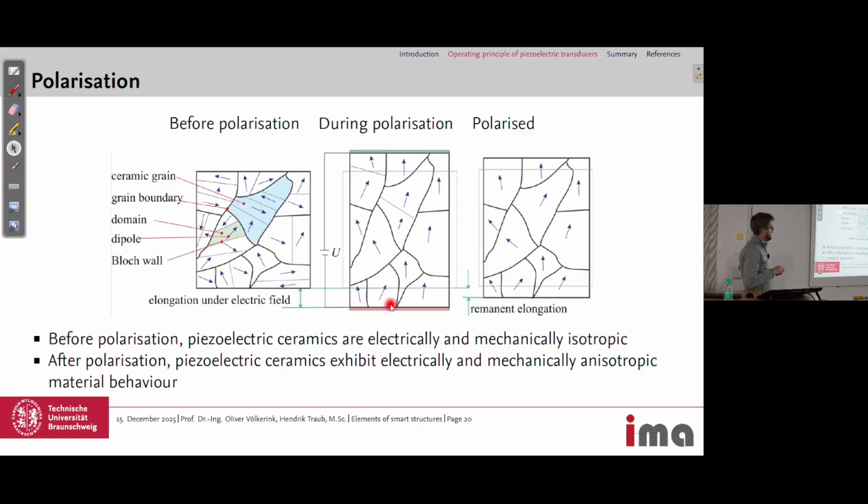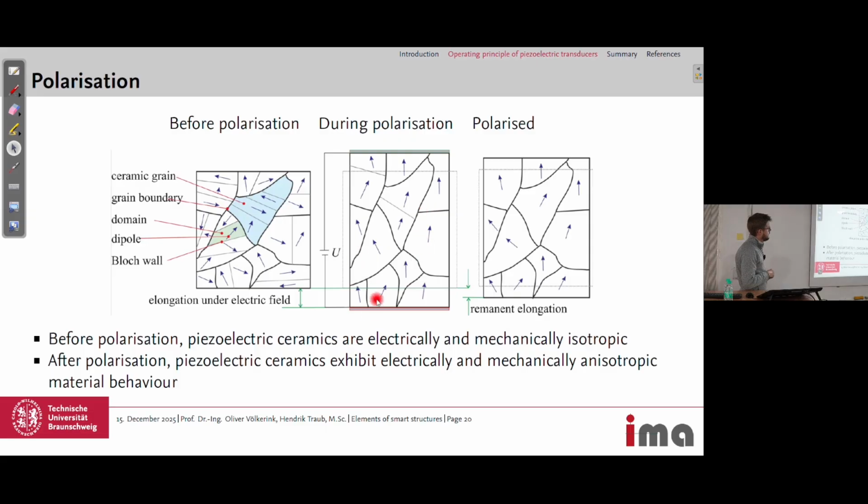Then we apply the electric field. So here are the electrodes on top and at the bottom, and this aligns the dipoles in the grains, and also some domains will vanish, because then we have the same dipole orientations at neighboring domains.